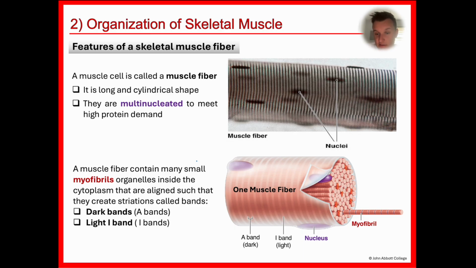You also see the nuclei, you see the little mitochondria, but there's also these humongous protein myofibrils here, right? So these are organelles inside the cytoplasm. This is like the cytoplasm of my cell, right? I know it looks weird. It looks like a cylinder all of a sudden.